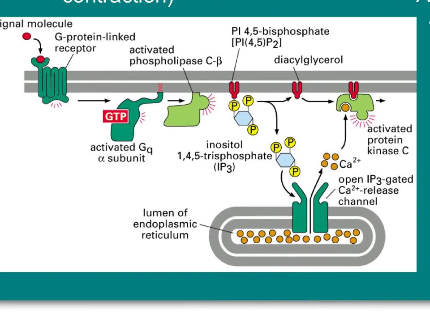The action here was to open a calcium channel and release calcium out of the ER. What does calcium do? It regulates. It changes conformation. It causes conformational change when it binds to things.